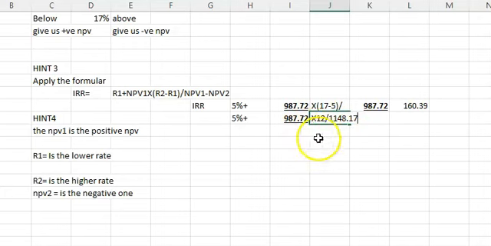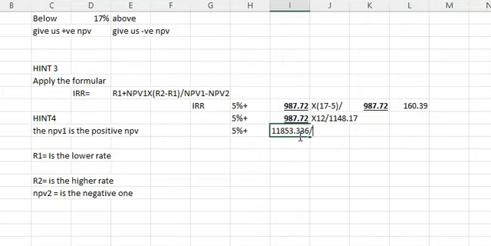So we also need to multiply on top. $987.78 times 12. On top we get 11853.336.